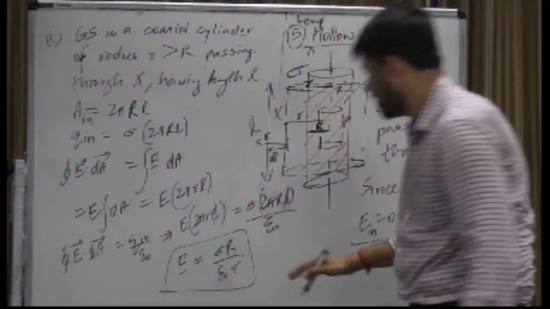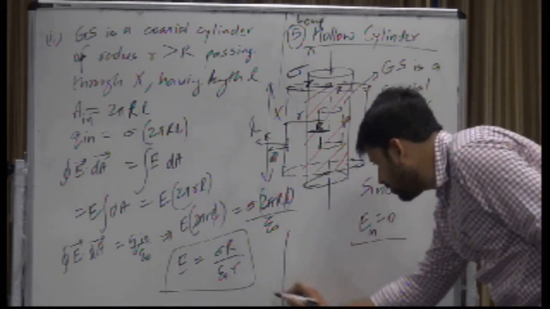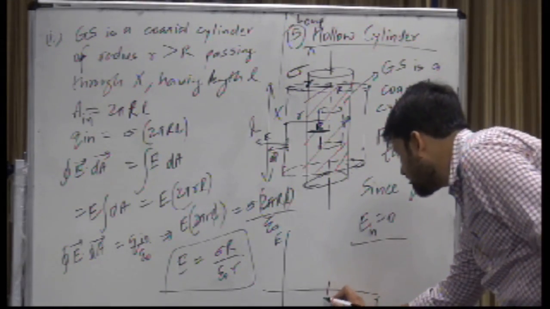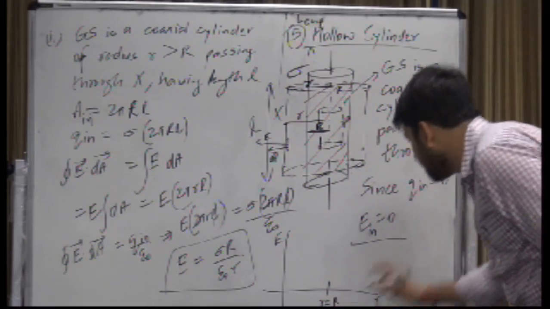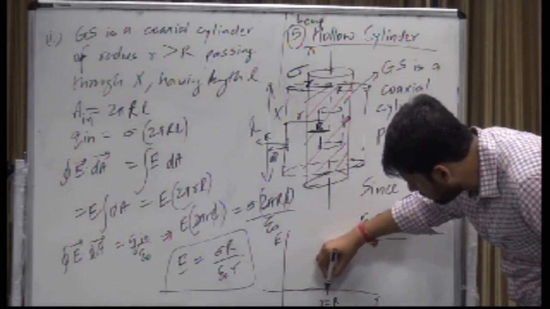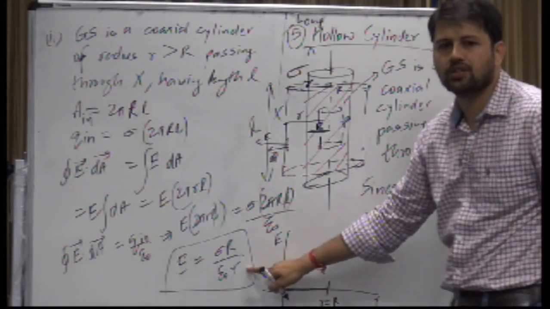So E is inversely proportional to the distance, and the graph would be something like this, E versus r. For inside point E is 0, so here E is 0, and for outside it is inversely proportional to r.